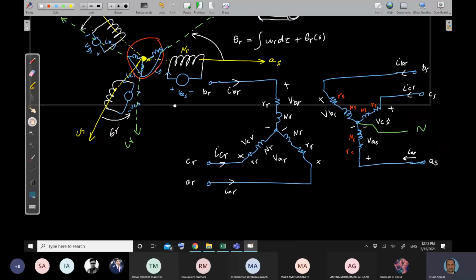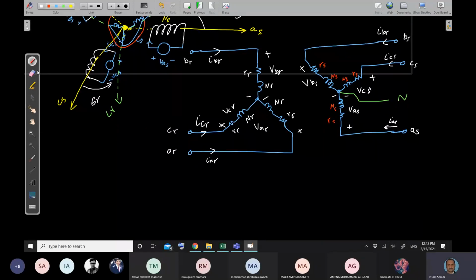So here I can define IKS as the stator current, such that K is a counter, which can be phase A or B or C. The same thing, IKR is the rotor current.